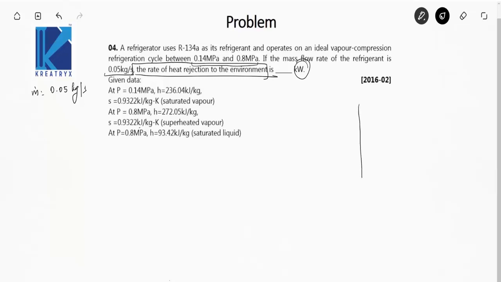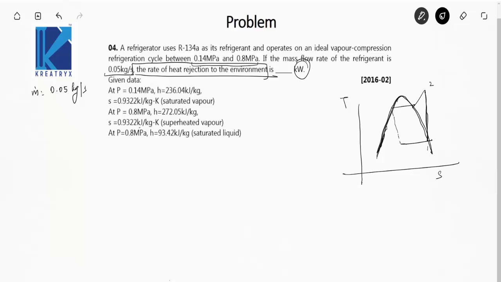So draw the TS diagram of an ideal VCRS, I mean vapor compression refrigeration cycle. This is again a straight vertical line. Okay, this is dotted line.